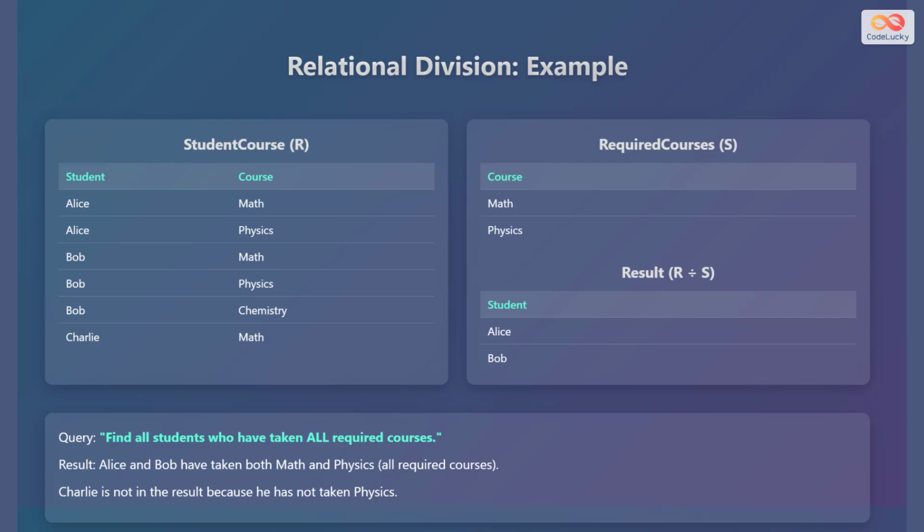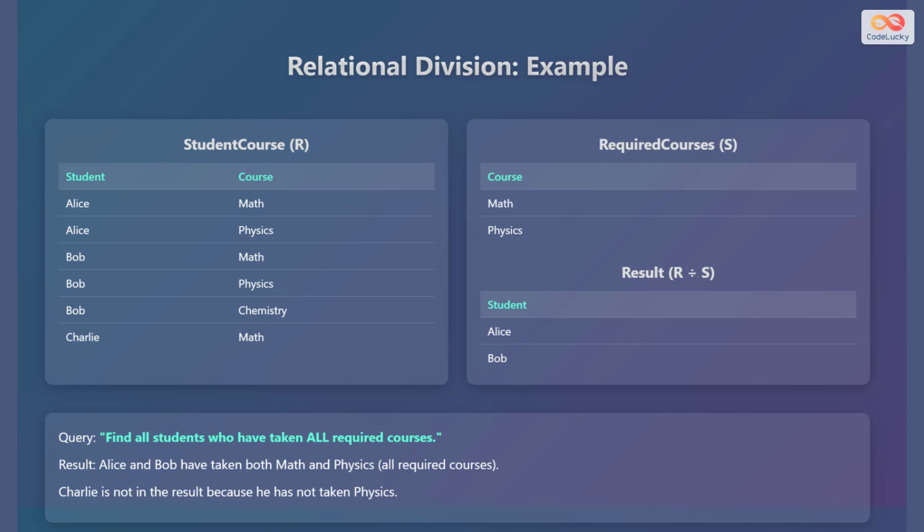Let's look at an example to understand this better. Suppose we have a table named Student Course with columns Student and Course. This table tells us which students are enrolled in which courses. Now, suppose we have another table named Required Courses with a column Course, listing the courses that are required. Now, using relational division, we want to find all students who have taken all the required courses.